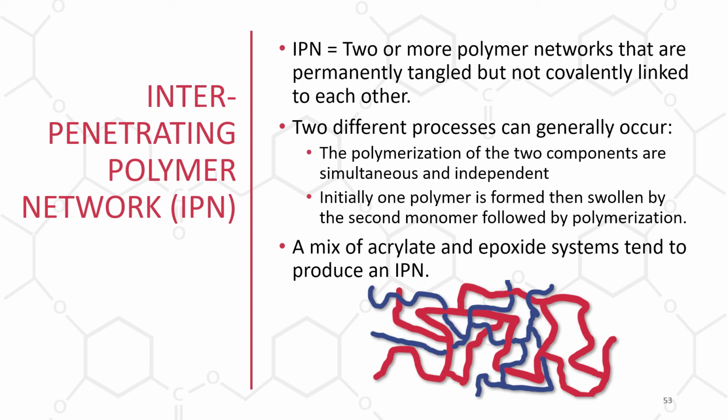Two different processes can generally occur. You can have the polymerization of two components that are both simultaneous and independent to form this entanglement. Or initially one polymer is formed first, it's then swollen by the second monomer, and that's followed by a second polymerization. So you form one chain, and the second chain forms later, which just tangles up the first one. A mix of acrylate and epoxide systems tends to produce an IPN.